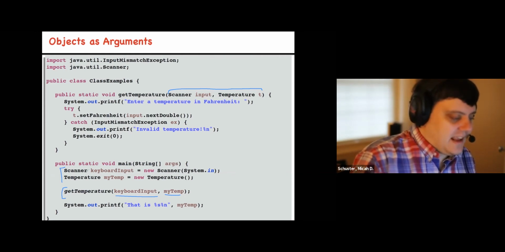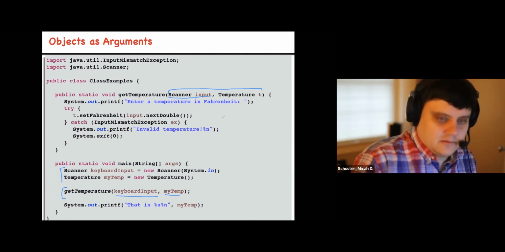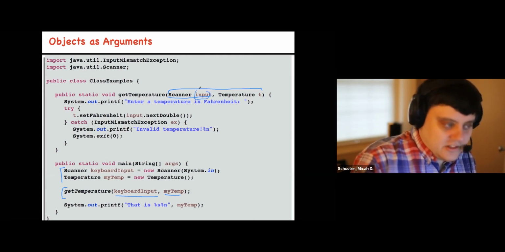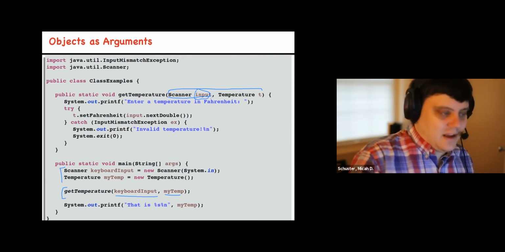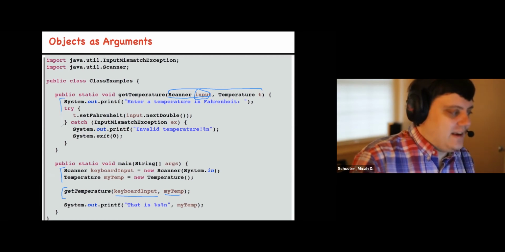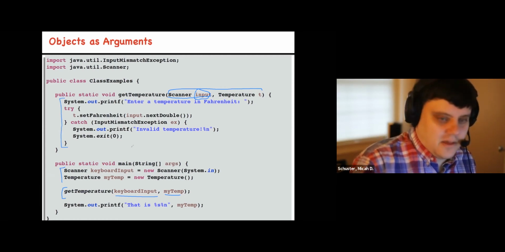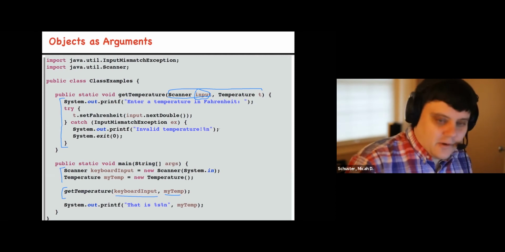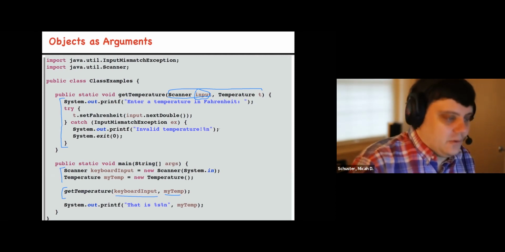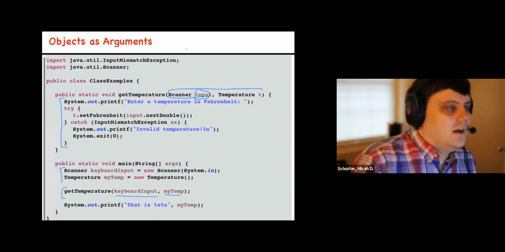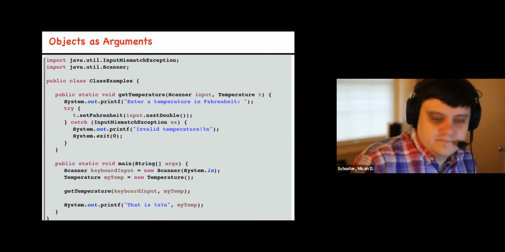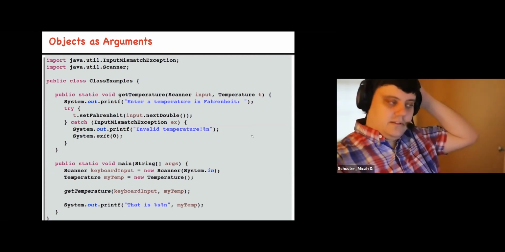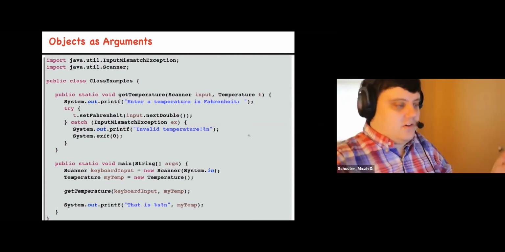Keyboard input is a scanner, so I can send that into a method that takes a scanner. The name is just that dummy variable name I mentioned before. It's a renaming of the object, and you use that renamed version only in the method. Passing them around is something we will do quite often as we do more OOP stuff, and as you learn more about it next semester as well. So you essentially treat them the same as any other type of parameter.